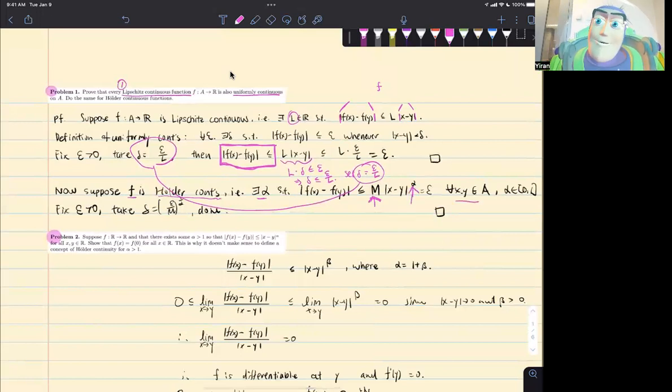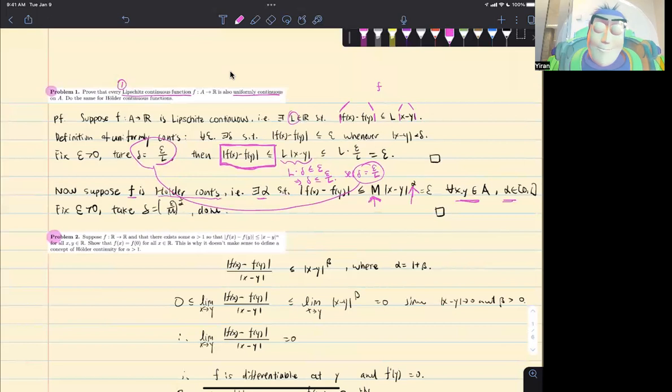For all x in A, and alpha is a number between 0 and 1, including 0 and 1. So we suppose we have this, right? And we want to show that f is uniformly continuous.